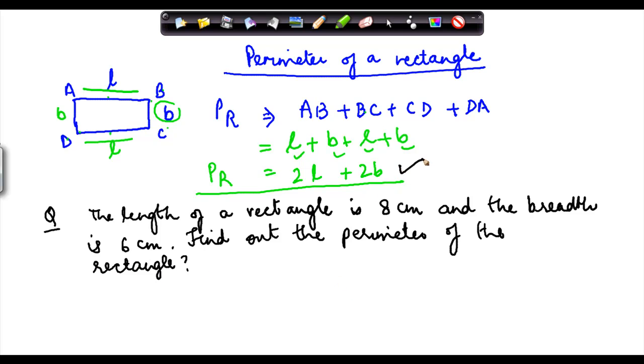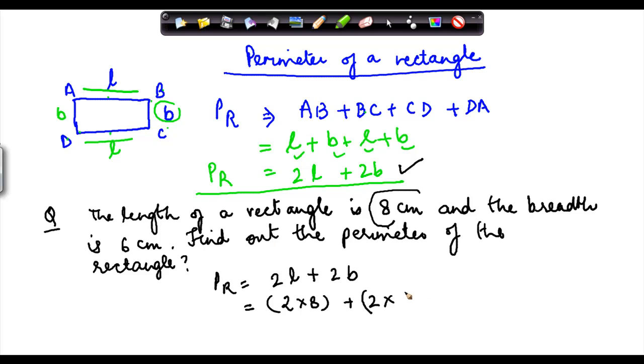Now, based on this formula, we know that the perimeter of a rectangle is equal to 2 times the length plus 2 times the breadth. Now, what is the length? The length here is 8 centimeter. So 2 into 8 plus 2 into, what is the breadth?